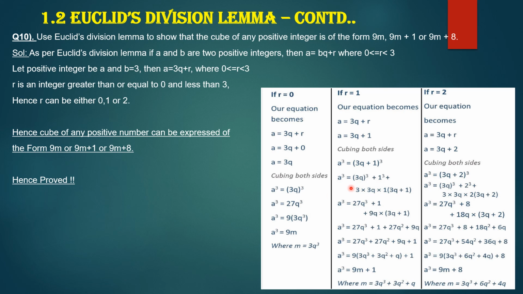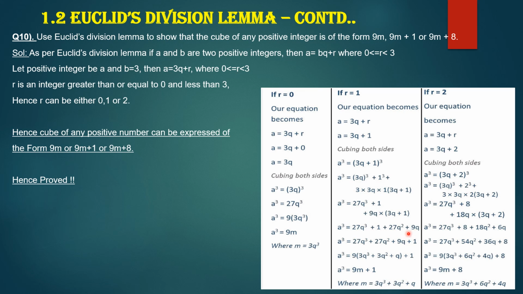This will become a cube equal to 27q cube plus 1 plus 9q into 3q plus 1. So how can we write it down? 27q cube plus 1 plus 27q square plus 9q.